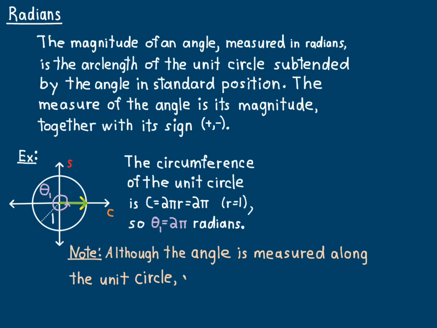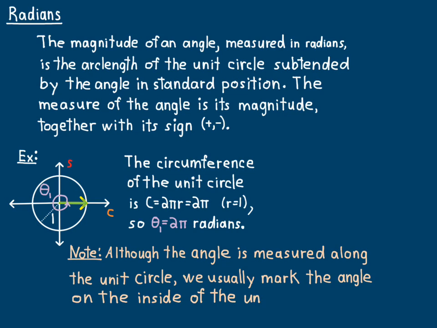So note, although the angle is measured along the unit circle, we usually mark the angle on the inside of the unit circle. Instead of marking the angle as this arc length, which is actually what it is, we usually mark it on the inside. That's just kind of traditional.